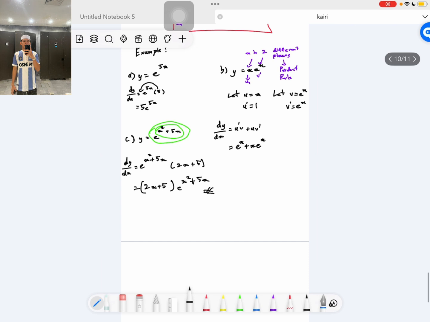For C, we will use the Tupperware method. There will be two Tupperware, and we will rewrite the outer Tupperware and differentiate the inner Tupperware. But for the B example, we will use product rule because it has two variables with x. So we let u and let v, then simplify in the formula and get the answer.